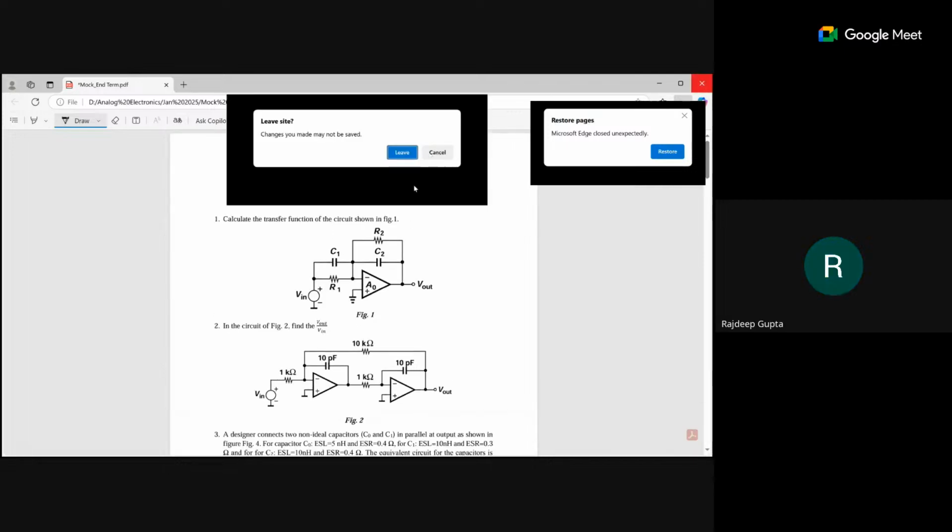Any doubt? Any similarity with the end term of the mock? Yeah, somehow, not exactly, somehow similar to quiz 2. Now the thing is that in the end term I am giving only 5 questions.